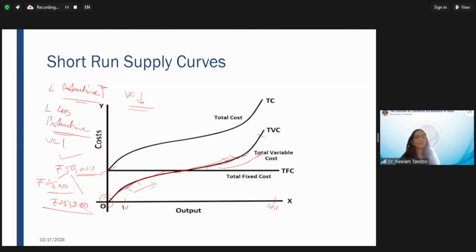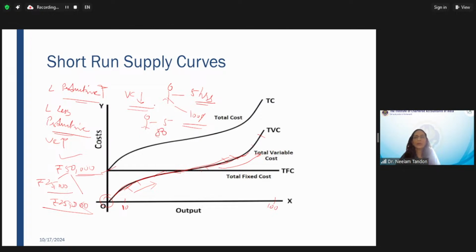Your variable cost will start increasing because labor will be less productive. It means if you hire a person, one person, and this one person works for 5 hours and produces 100 units of good. And the second person you hire also works for 5 hours and produces only 50 units or maybe 80 units of the good.